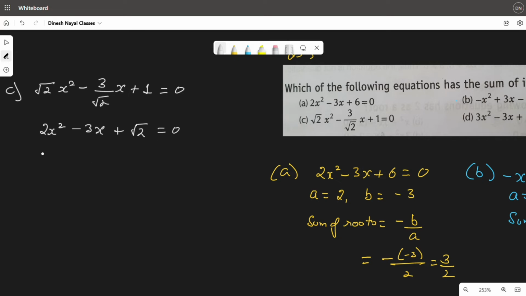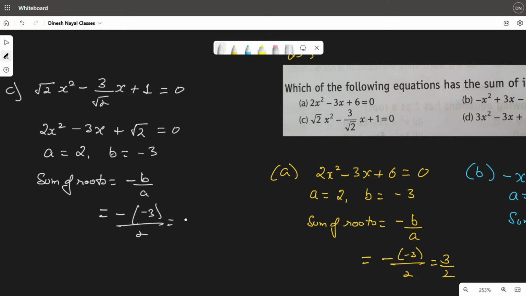Now what's a? A over here is 2, b is minus 3. Again applying the formula for the sum of roots, minus b by a, so minus of minus 3 upon 2, that will be 3 by 2. Again the sum of roots is not 3, so C is not our answer.